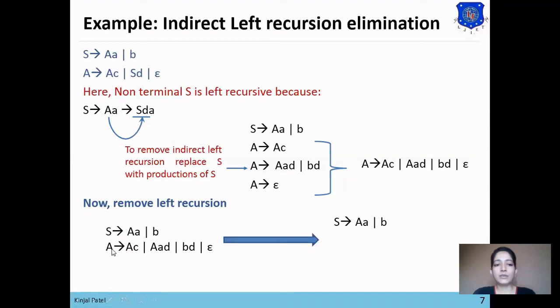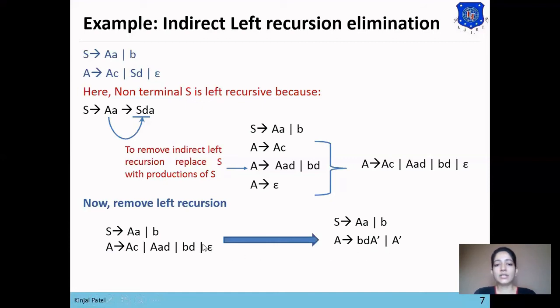Now in the second rule, first we will select the alternatives which have no left recursion in it. So there are two alternatives which have no left recursion in it. So we will select A produces BD and we will generate new non-terminal. So non-terminal will be followed to BD. Now second alternative is null, so we'll select null.